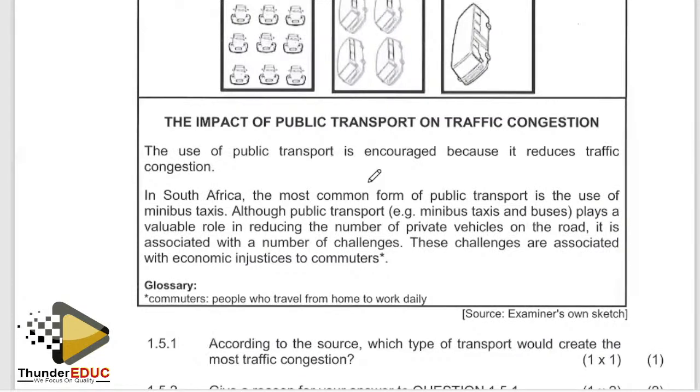In South Africa, the most common form of public transport is the use of the mini taxis. Although public transport, for example, the minibus taxis and the buses, plays a valuable role in reducing the number of private vehicles on the road, it is associated with a number of challenges. These challenges are associated with economic injustices to commuters.